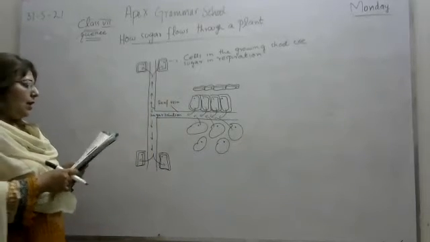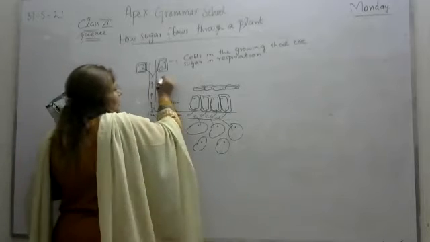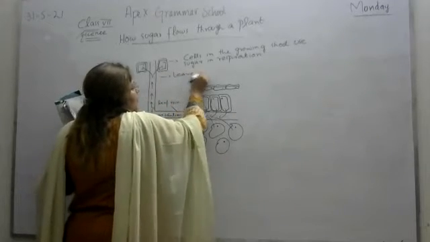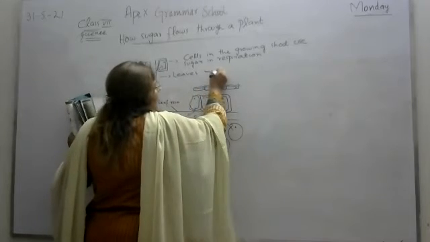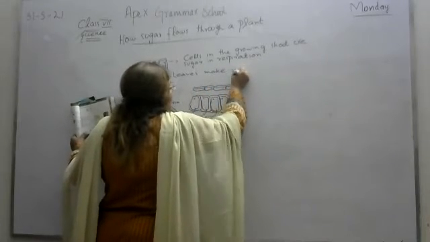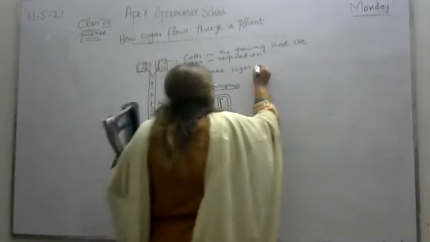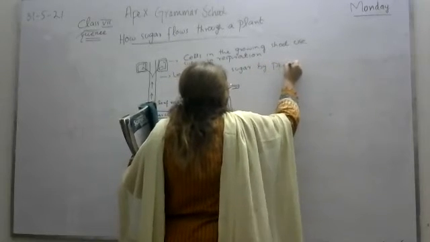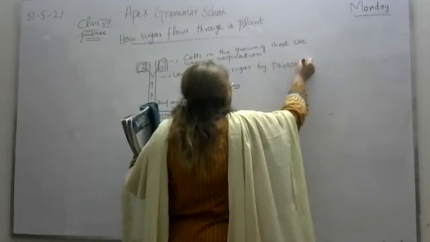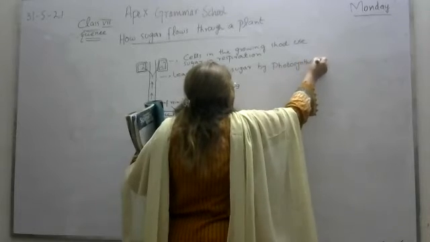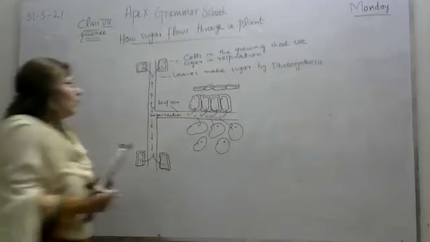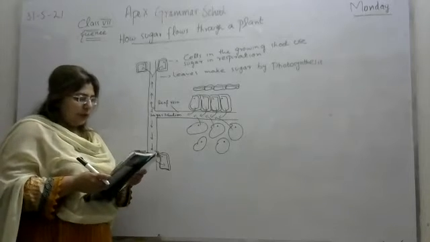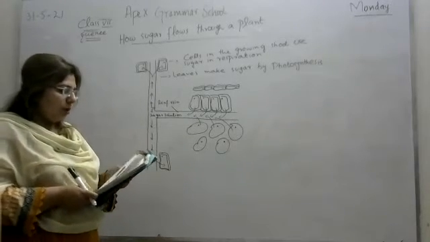After that, leaves make sugar. What happens with the leaves? Leaves make sugar by the process of photosynthesis. In this process, the sugar mixes with water and makes a strong sugar solution.